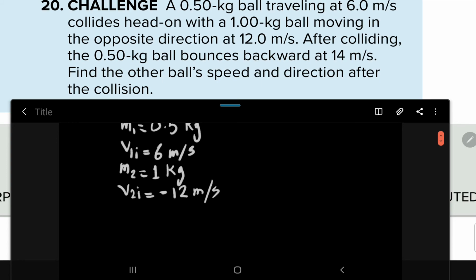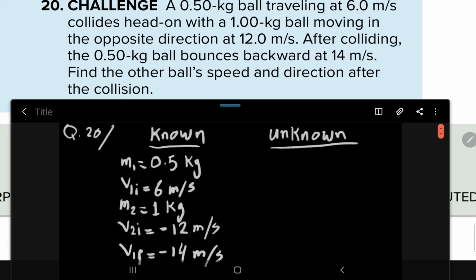Here we have V1 final equal to minus 14 meter per second. Find the other ball's speed and direction after the collision. So we need to find V2 final. We need to calculate it.